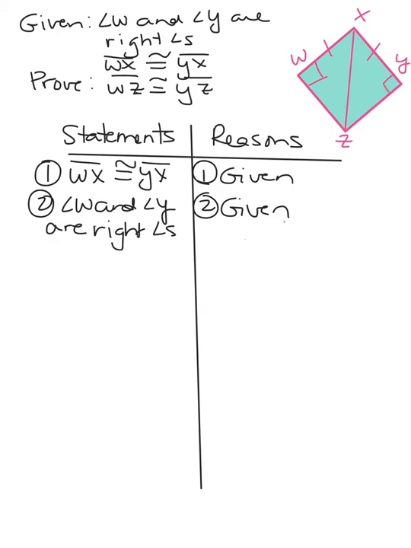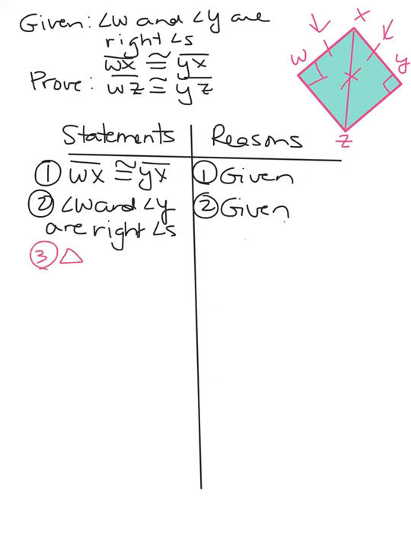Now, if I'm going to use the HL theorem, I have to decide that ahead of time before I get to the end of the proof, because if I am, I have to state that the triangles are right triangles. So I notice that segment XZ is reflexive, so I'm going to mark that to give me a visual. So because of that, I do have the legs were my given, and that reflexive piece is the hypotenuse, so I am going to use the HL theorem. So my next step, I have to state that the triangles are right.